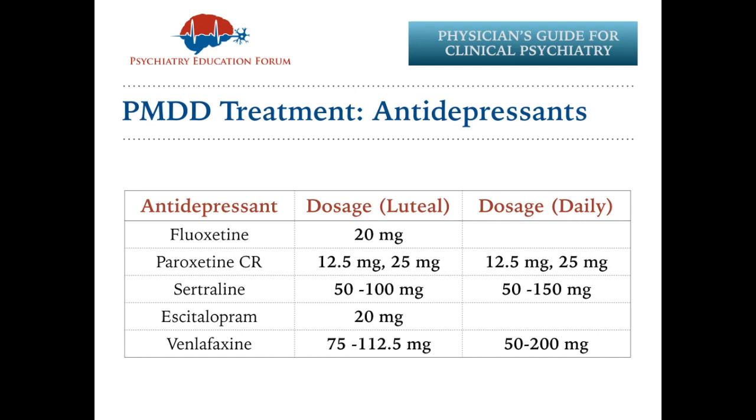Also, I just want to add that I have not included other antidepressants, but I did find some studies. For example, for duloxetine, I found a single blind trial and case reports. They were effective, but my goal was to only include randomized controlled, placebo-controlled trials.